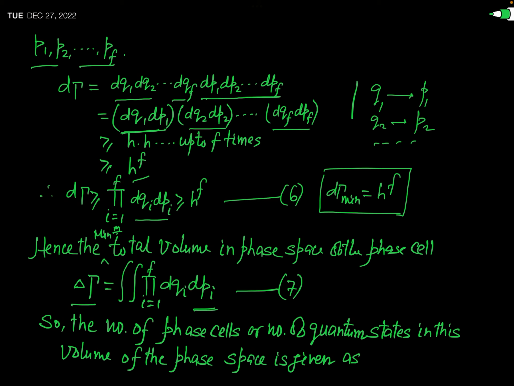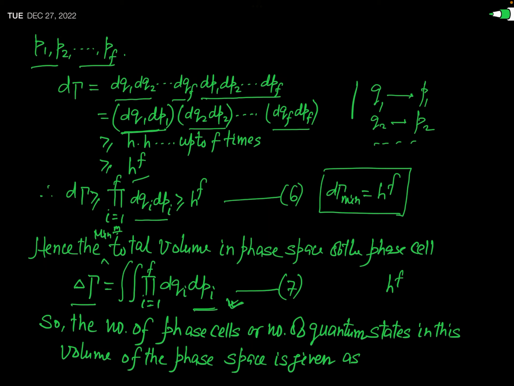Now you have learnt that the minimum volume of one phase cell is h to the power f, and total volume of all phase cells is equal to integral of this. Okay, so if you want to find the number of phase cells in the phase space, how you can find?